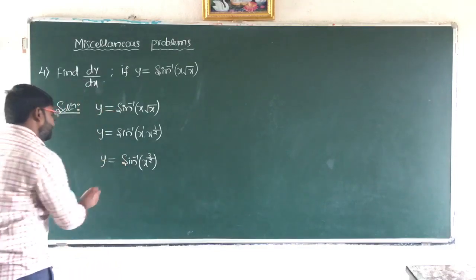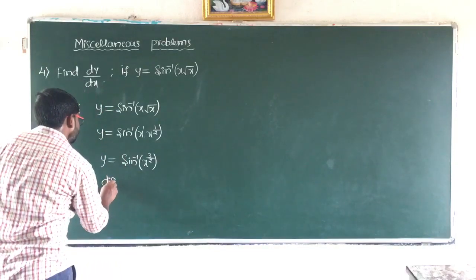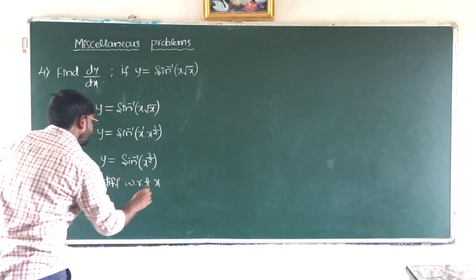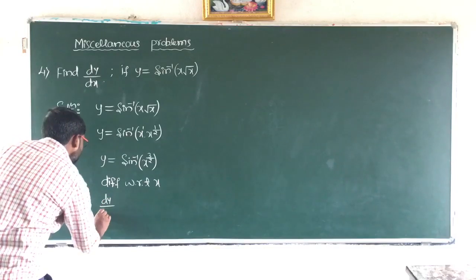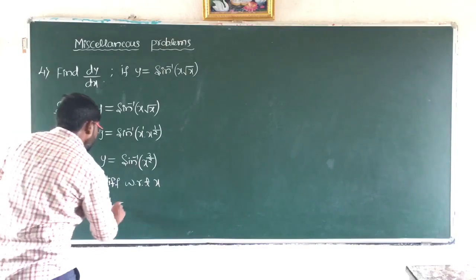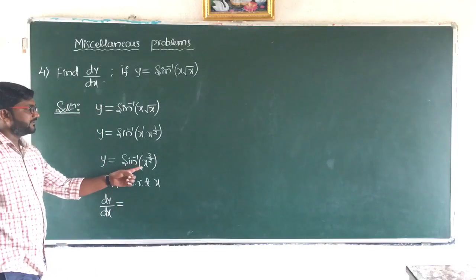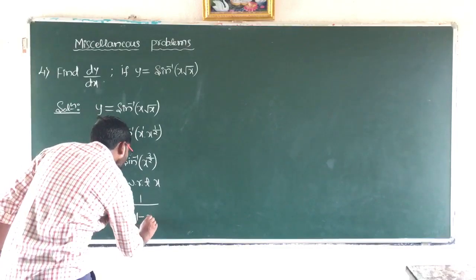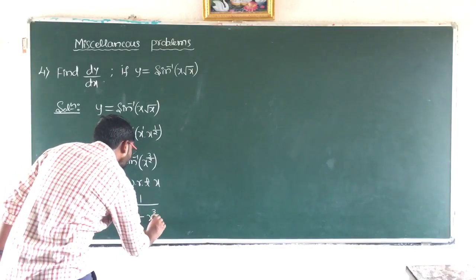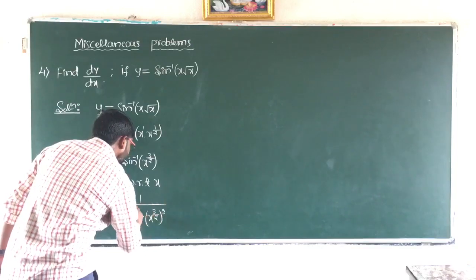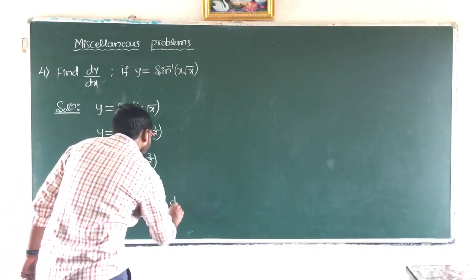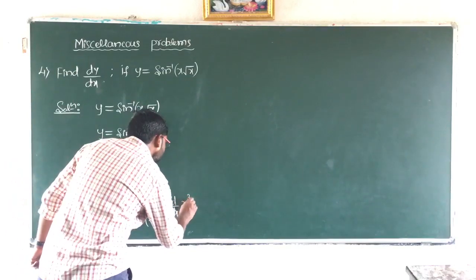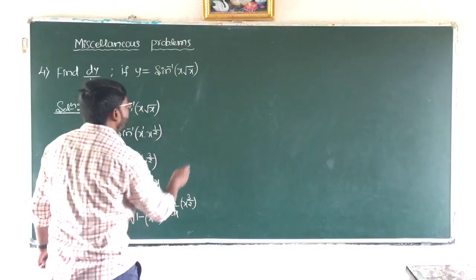So now differentiate this with respect to x. We get dy by dx, which is equal to, now the derivative of sin inverse x will be 1 divided by under root 1 minus x square. What is x now? It is x to the power 3 by 2 whole square, into d by dx of the inside function, x to the power 3 by 2.